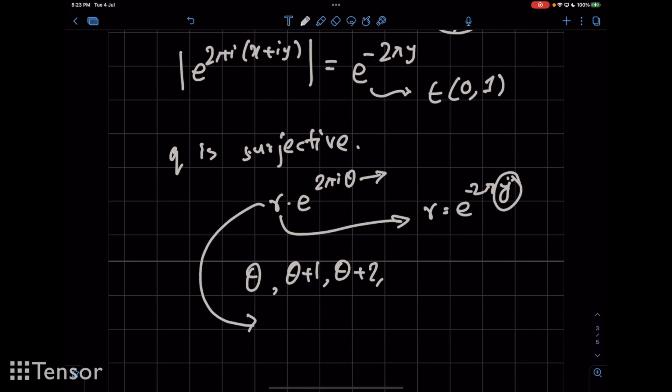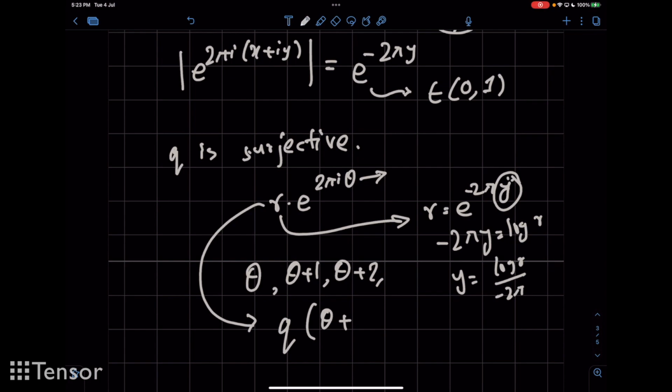So this is equal to q of theta plus, let's see, negative 2 pi y is log r, so y is log r divided by negative 2 pi. So theta plus i log r divided by negative 2 pi.